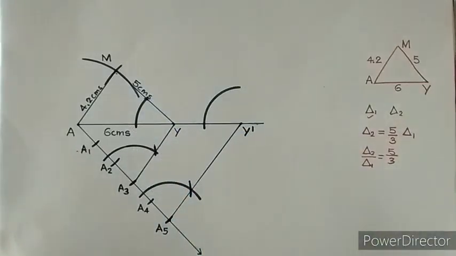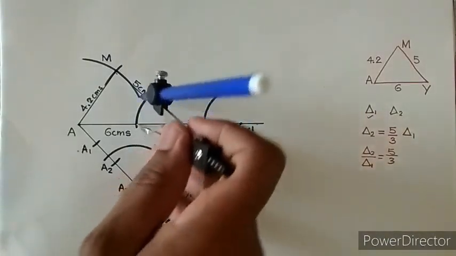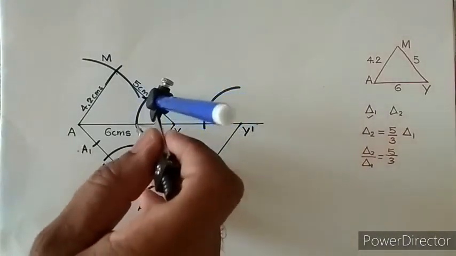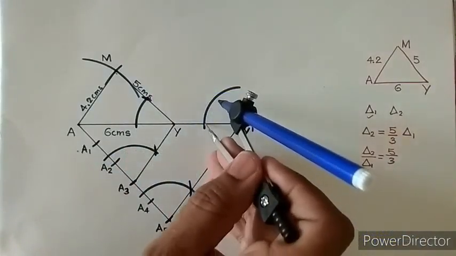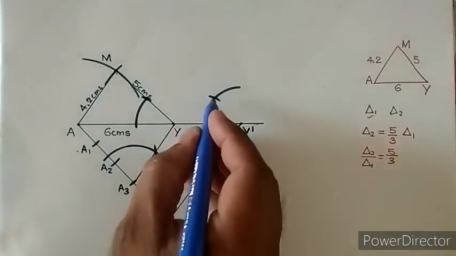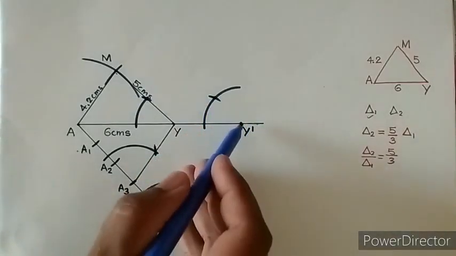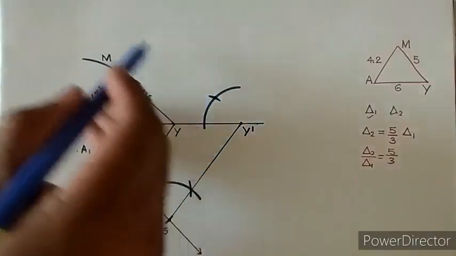Keeping the compass here, we'll cut this arc where it is intersecting this line. With the same measure, we'll cut this arc also. So let's mark these points, this and Y bar, and draw a line passing through Y bar and this point.